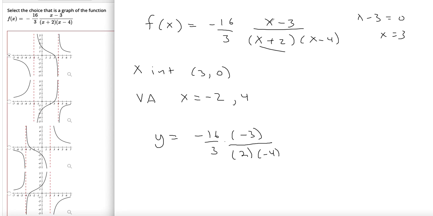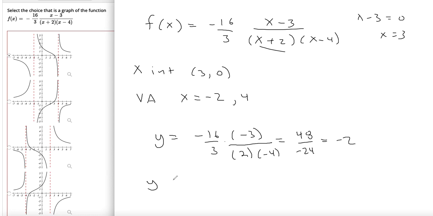Because all I'm doing is setting x to 0 and doing this math to see what y comes out for my y-intercept. So this is going to be negative and negative makes positive, and that's 48 over 6 times 4, that's negative 24. So it looks like negative 2 for the y-intercept.